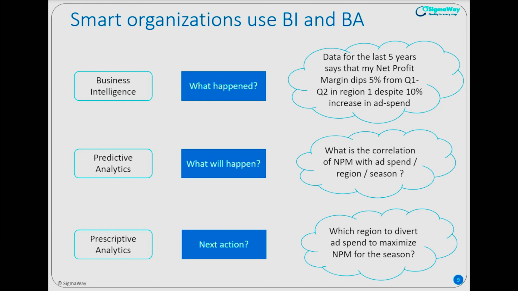It tries to explain the correlation of NPM with the advertising expenditure per region per season. Prescriptive analysis helps us understand what will be the next action. Which region should we divert to, to maximize the NPM for the season with respect to the expenditure on ad revenue? These are some of the ways in which BI and BA help an organization.